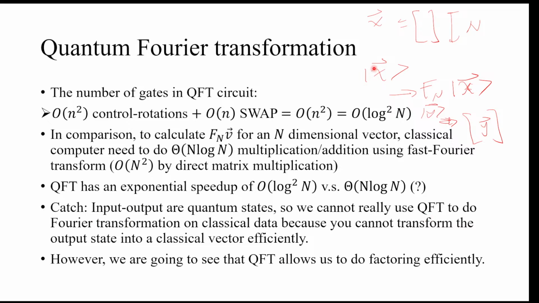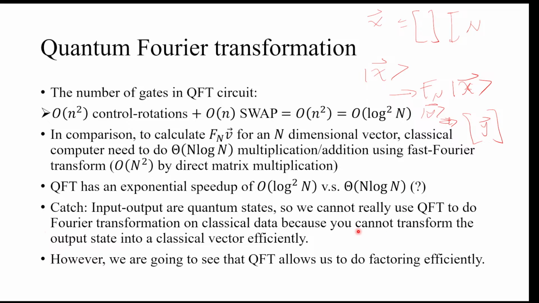You have a lot of problems in input and output: you need a lot of time to read your input to create the input state, and even if you have the input state, you get the quantum Fourier transform output state, and you cannot read it out as a classical vector. That's a big catch about the quantum Fourier transform.